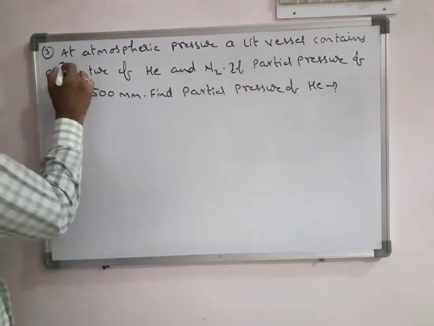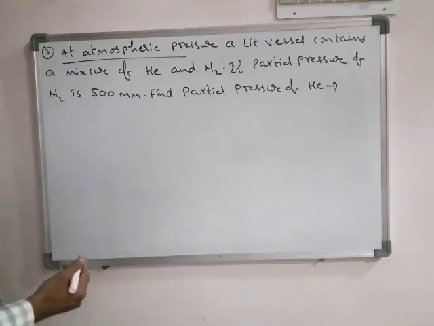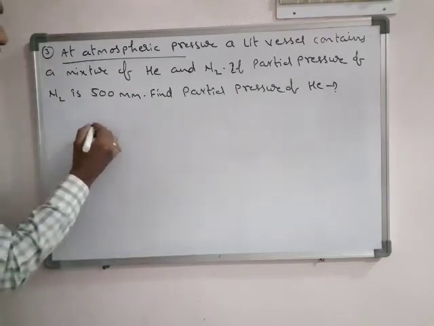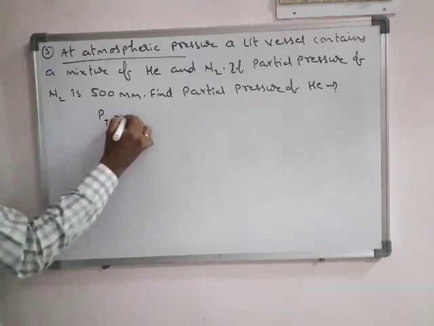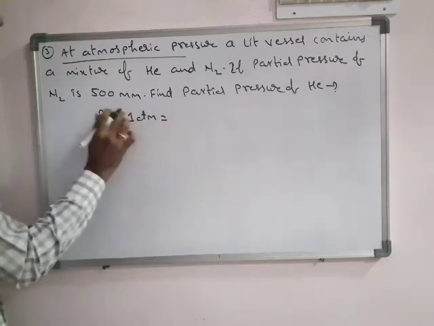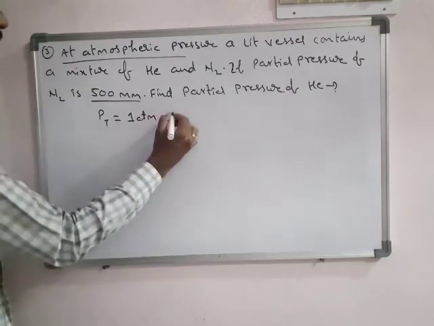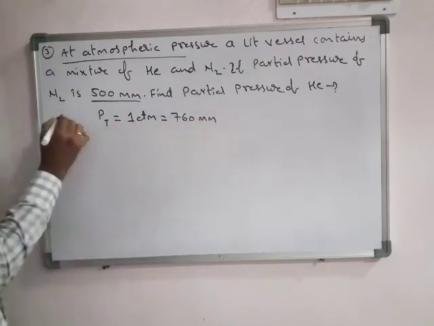See, at atmospheric pressure is the important one. So what do you mean by atmospheric pressure? Atmospheric pressure means the P total is 1 atmosphere, but it is given in terms of mm. So that is equal to 760 mm.